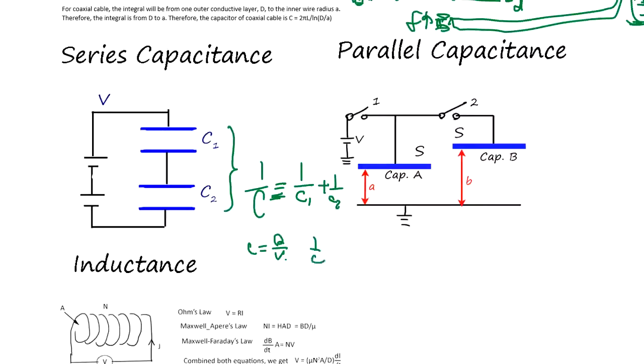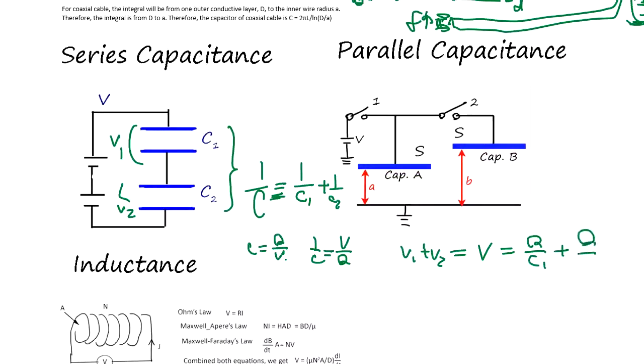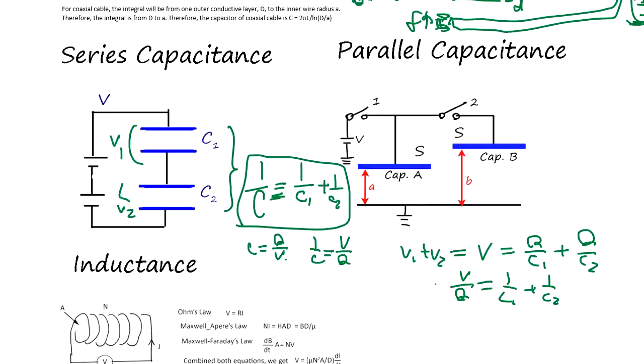So 1 over C is V over Q. And if you have a V1 and a V2, V1 plus V2 is the total V, and V1 is Q over C1 plus Q over C2. So V over Q is going to be 1 over C1 plus 1 over C2. So the total capacitance is going to be, this is 1 over C.